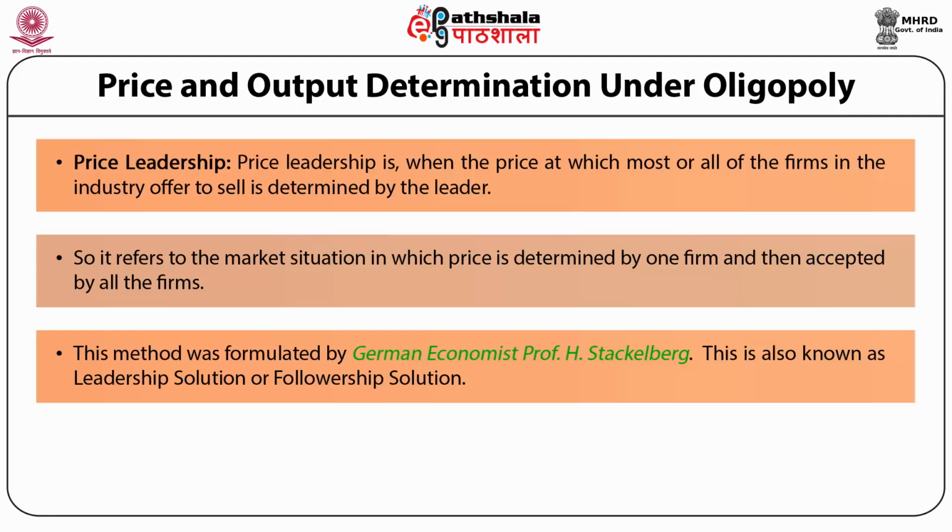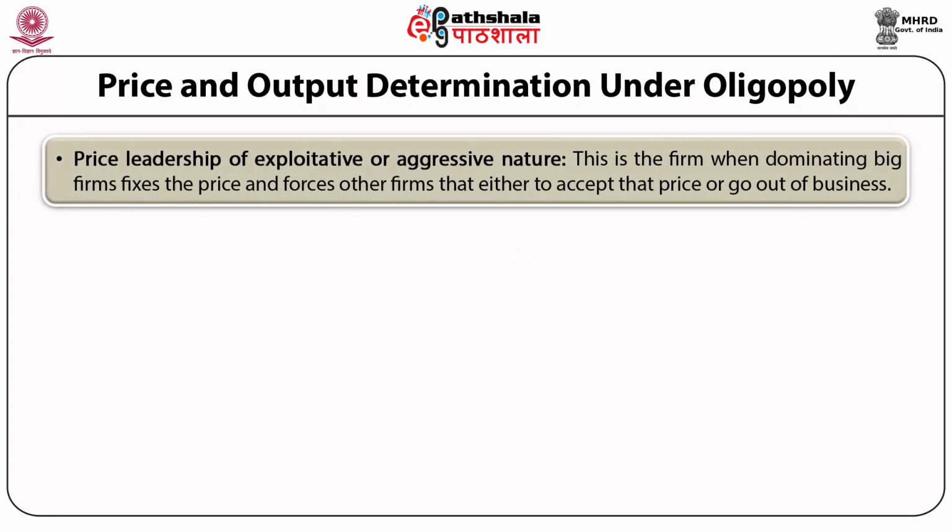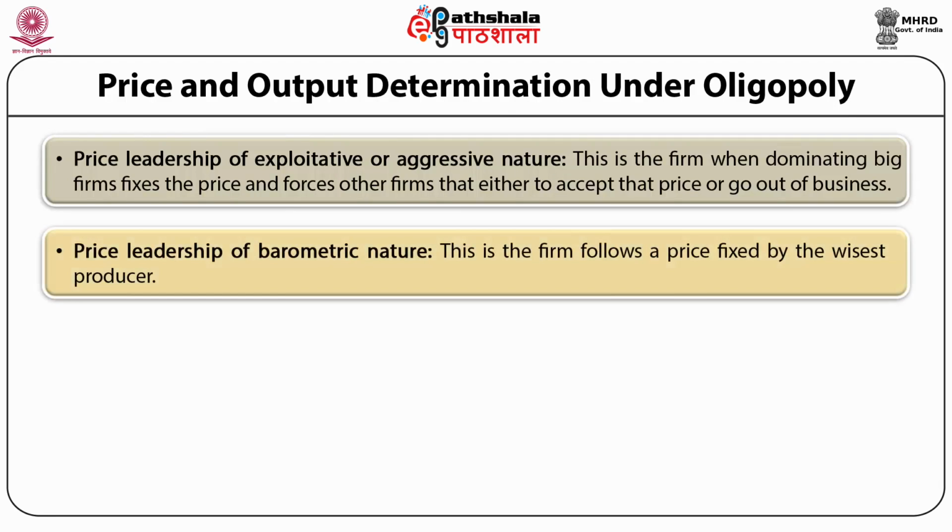Types of price leadership are as follows. Price leadership of exploitative or aggressive nature. This is when dominating big firms fix the price and force other firms to either accept that price or go out of business. It is also called exploitative price leadership. Price leadership of barometric nature.